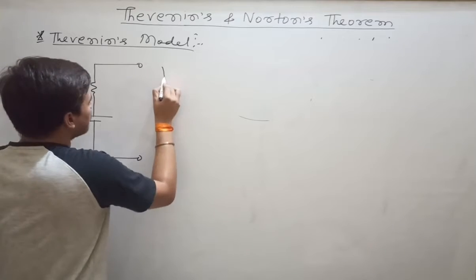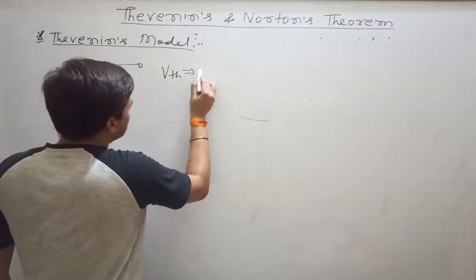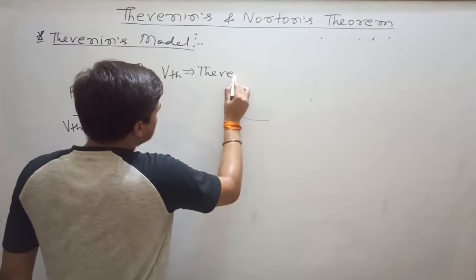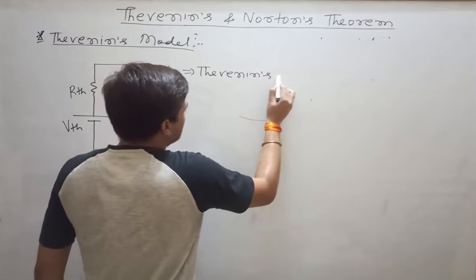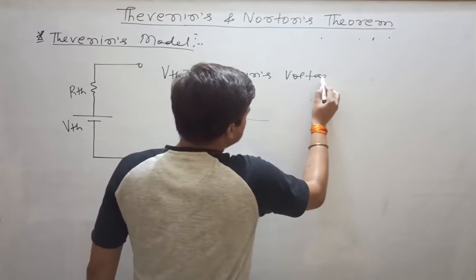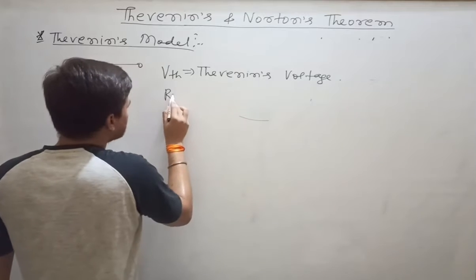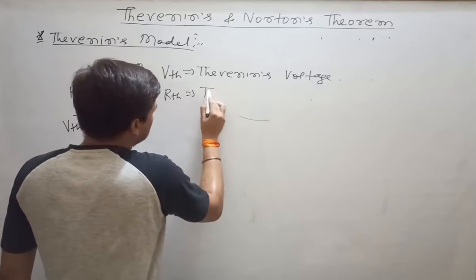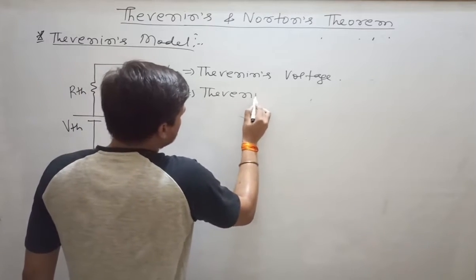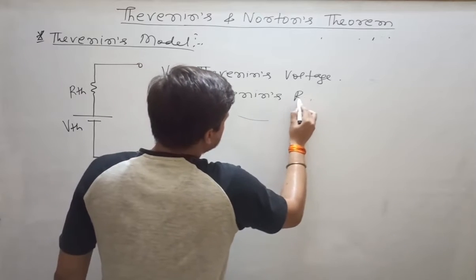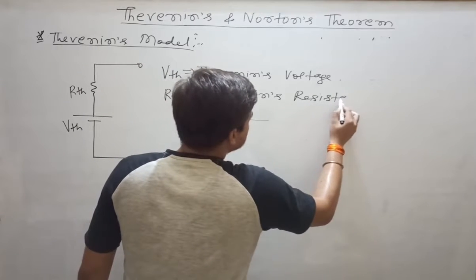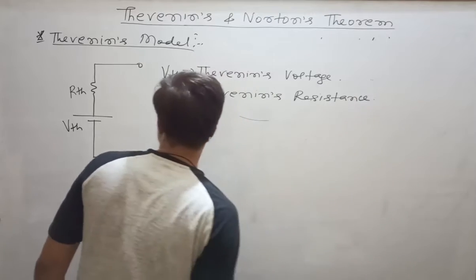Clear? Here VTH is called Thevenin's voltage and RTH is called Thevenin's resistance.